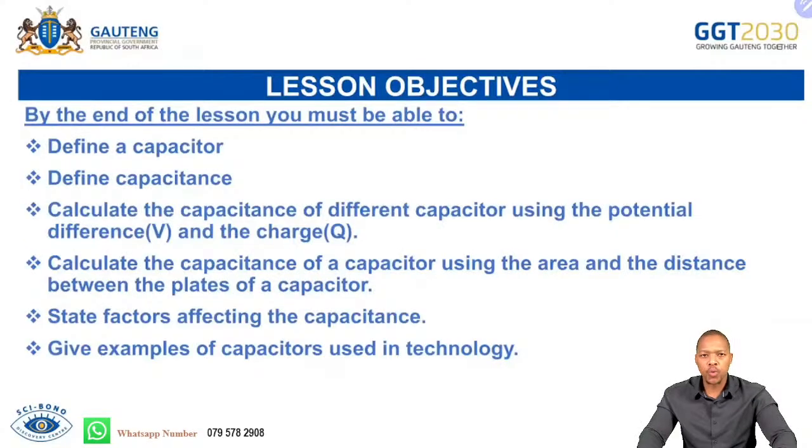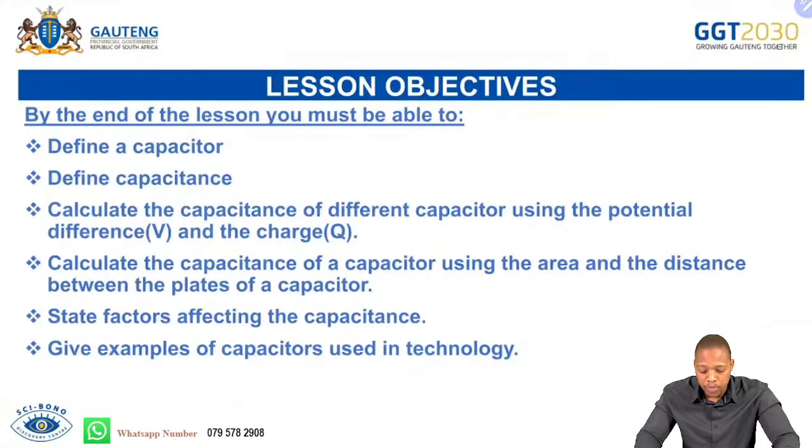This is the time to do that. We're going to look at capacitors in more detail, and how electrostatics fits into capacitors. So that is our topic for the day. Let's get right into it.